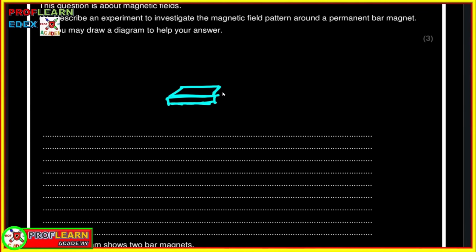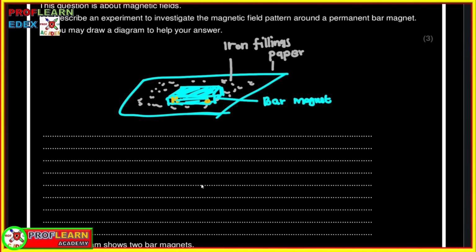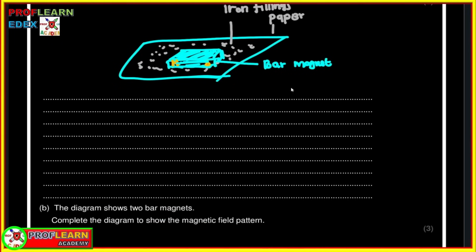To demonstrate this, we are going to draw a bar magnet, and that's my magnet, and on top I have a paper with iron filings. Then I'm going to tap that paper, and the iron filings are going to arrange themselves in a pattern.